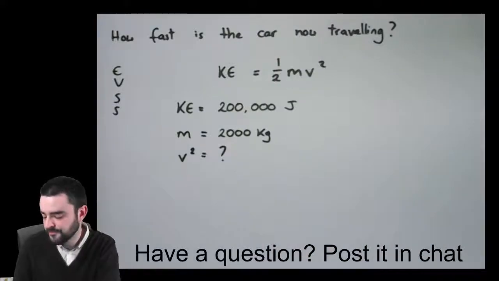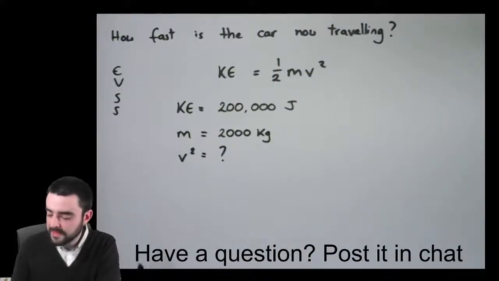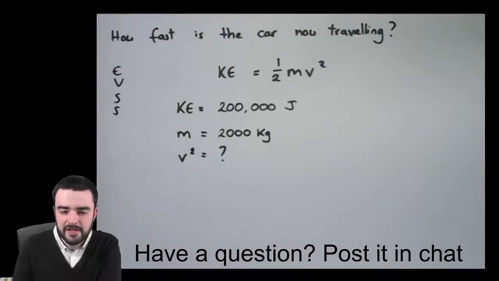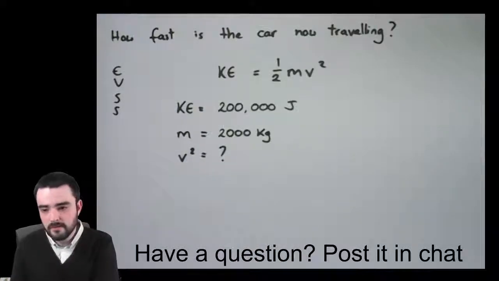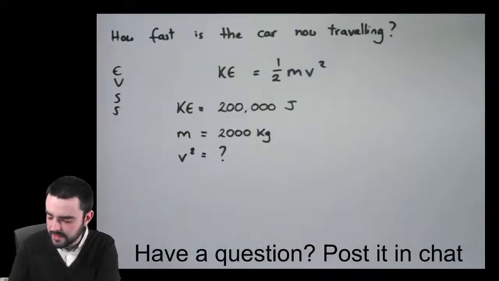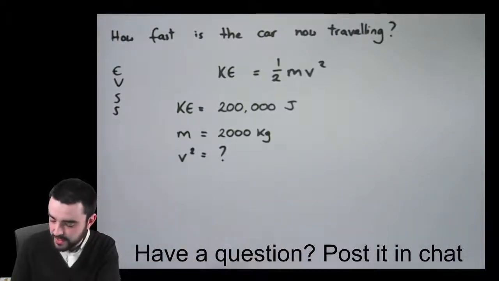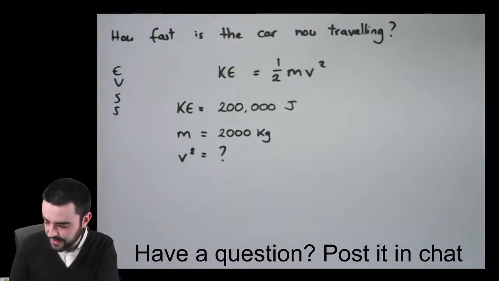We don't know. So a lot of students, when they get to this point, go, oh, I need to rearrange the equation, and then get into a real muddle because there's squared terms going on. I will show you how to rearrange it in a second, but first we'll just look at what it looks like when we just put numbers in. The substitution section.